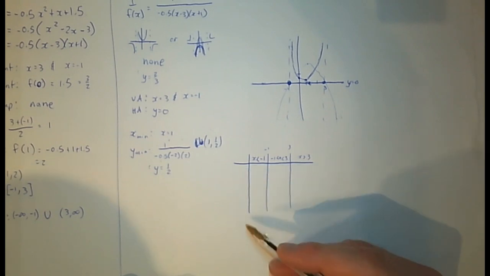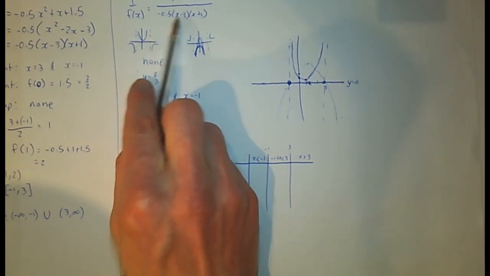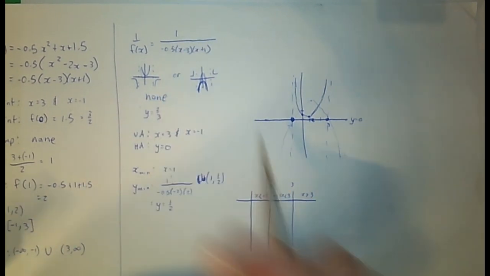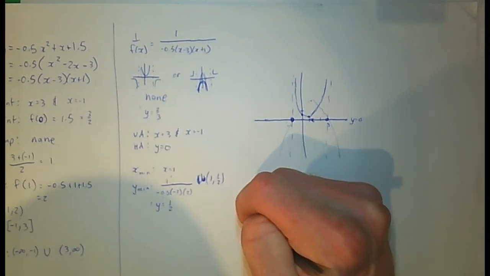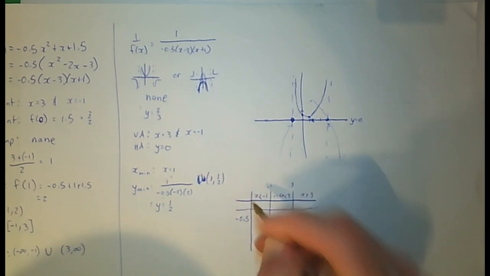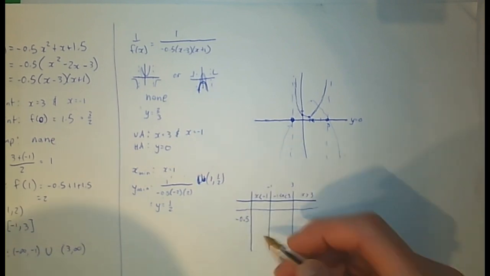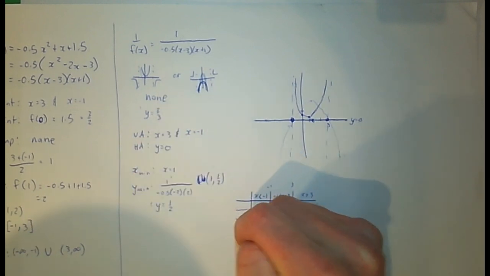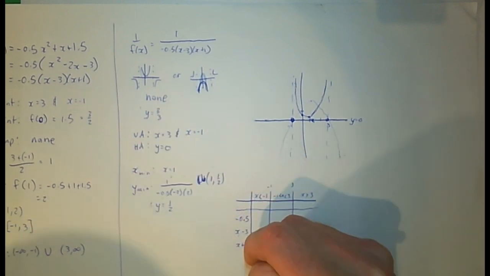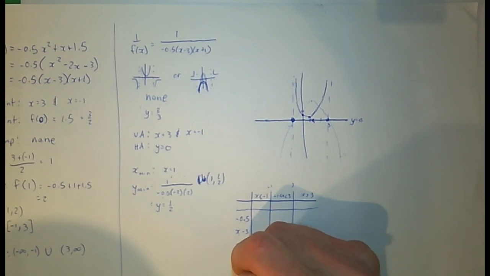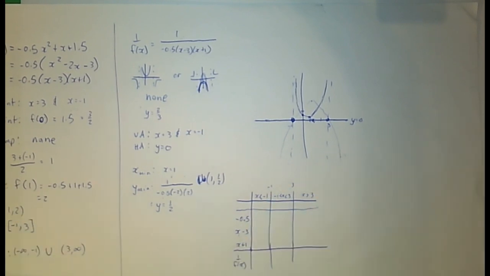Down this column, we are going to list all the factors that matter. So there's a positive 1, which doesn't matter. We have a -1/2. I'm just leaving an extra row here, I'll fill that in a second. I do have to include the constant term. I've got x - 3 and I've got x + 1. And this is the overall 1 over f(x) function.